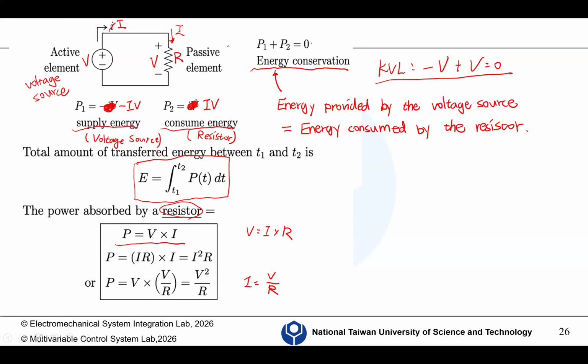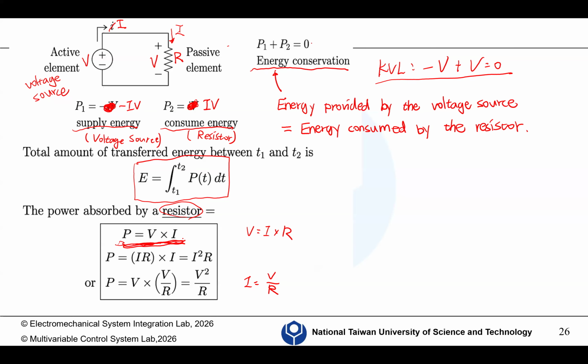And if it is not a resistor, for example, if it's a voltage source, you need to calculate the voltage across that voltage source times the current flowing out from it to calculate its power. Okay, so that's the way to calculate.